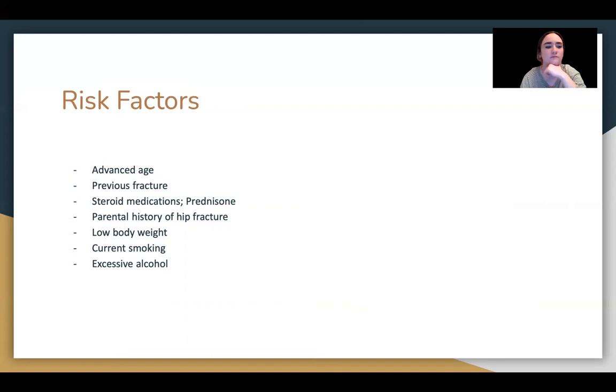Bad posture is one, so having a real kyphotic posture is going to put more stress on the vertebral bodies, which will be more prone to vertebral fractures, which we'll talk more about later. And then low body weight, but also high body weight, are two things that could be risk factors. Also currently smoking and excessive alcohol.